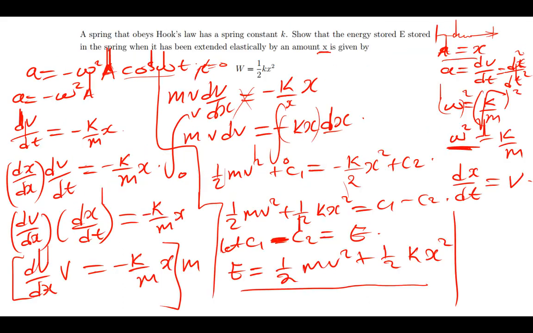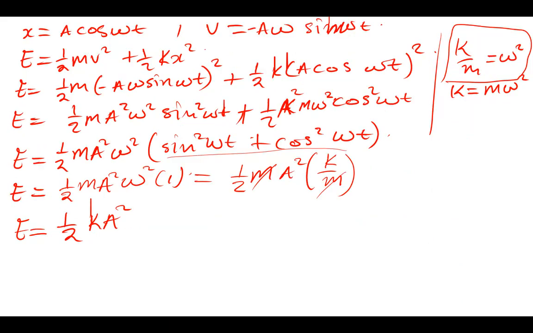But the question says it moves an amount of x, and we said the value of a is simply taken as x. So in this expression, where there is a, we put x. So the value of E is simply equal to half k x squared. Hence shown. We have shown that the energy stored in the spring is given by that formula.